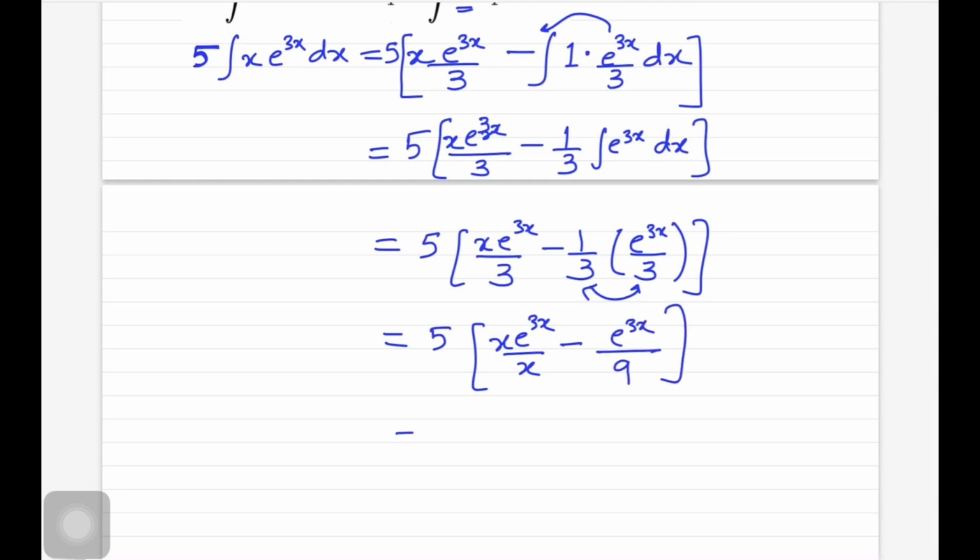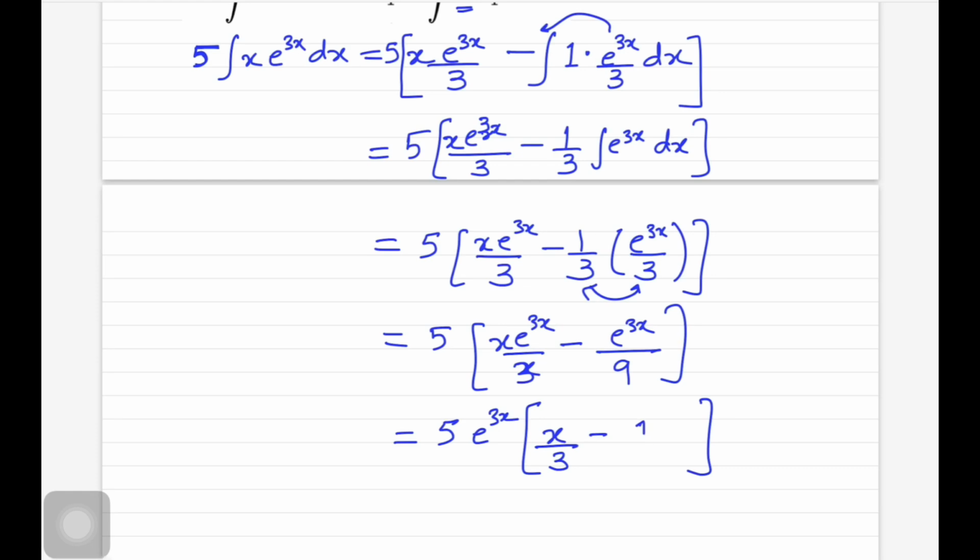For simplification purposes, what else we can do? We can write e to the power 3x common, and you can take 3 also common. That's all part of simplification. So minus e to the power, sorry, it has gone outside.